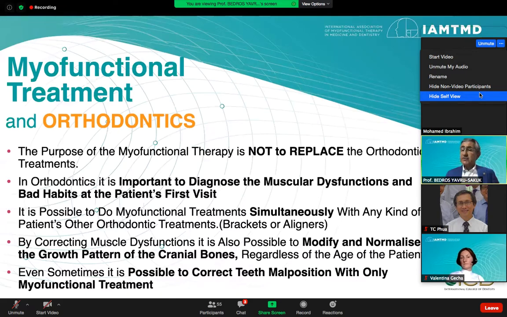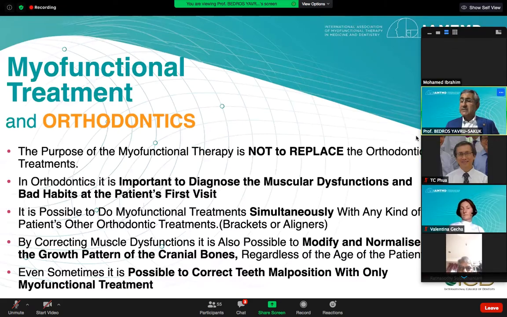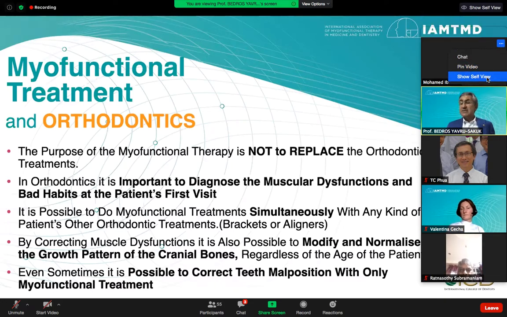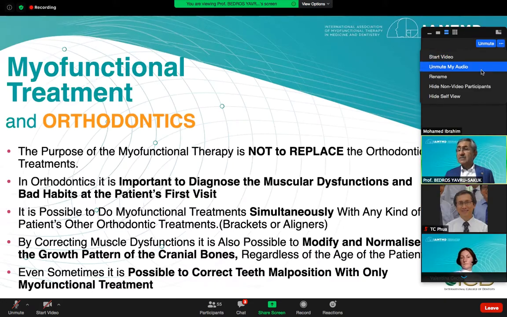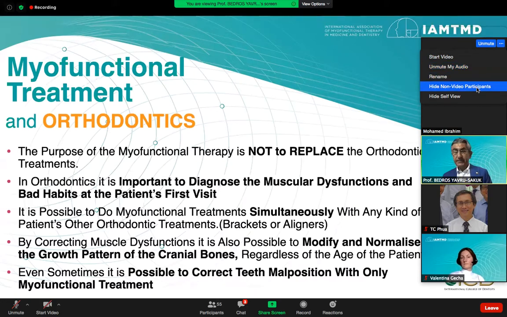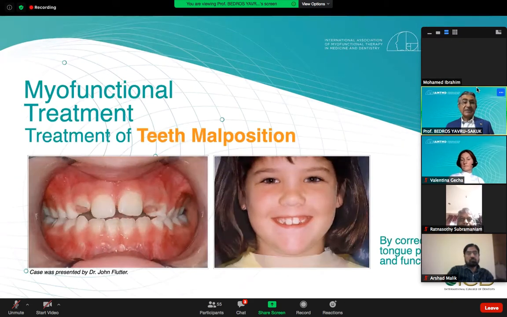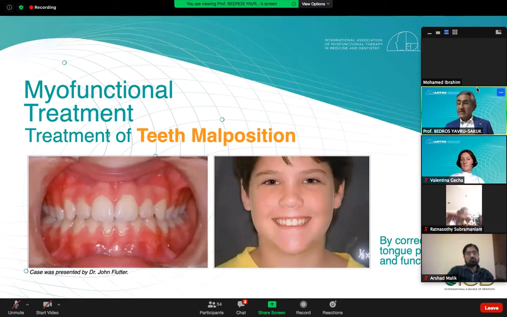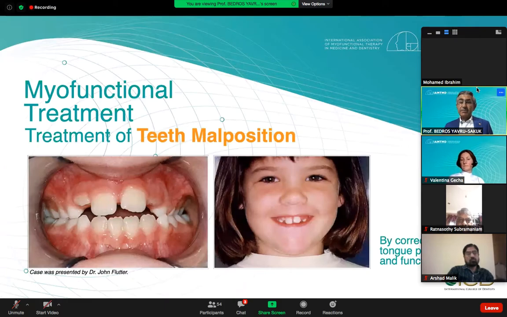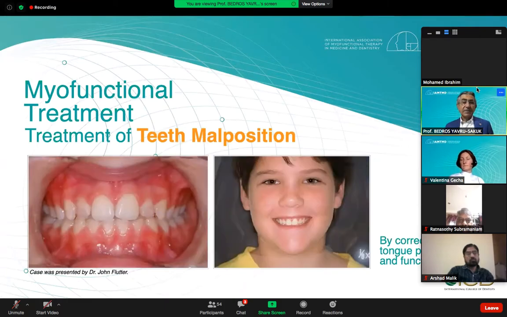With myofunctional therapy, it's also possible to normalize the growth pattern of the cranial bones. And sometimes it is even possible to correct teeth malpositions by only myofunctional therapy. In this video, you can see clearly that with only myofunctional therapy and correcting the posture and the function of the tongue, it was possible to put the teeth in normal position.